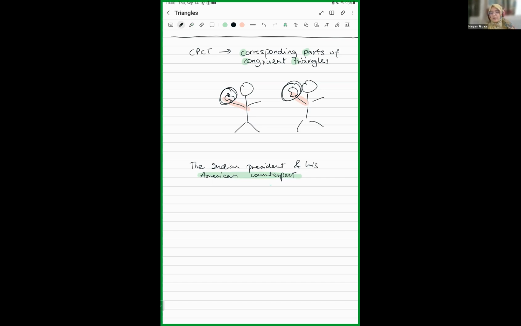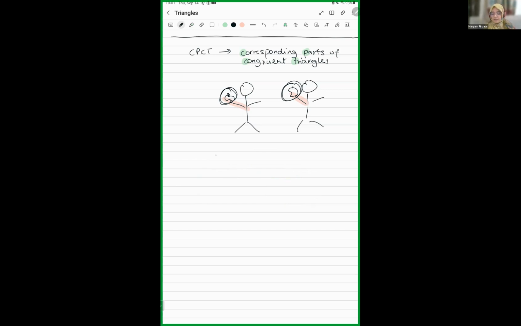Over here, counterpart means the corresponding person, the person who is corresponding to this guy, the Indian president. Now, can you tell me who? The American president is corresponding to the Indian president. Get it? So this is what corresponding means in general terms.